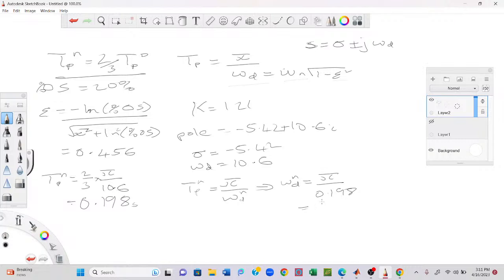That will give you omega d of 15.7. So you know omega d.